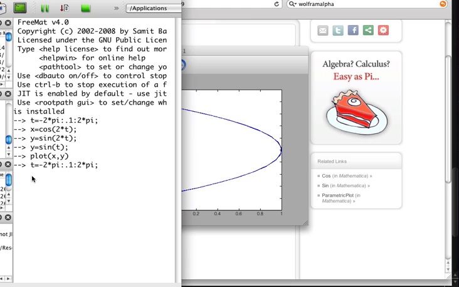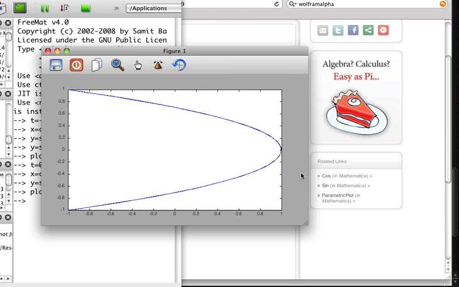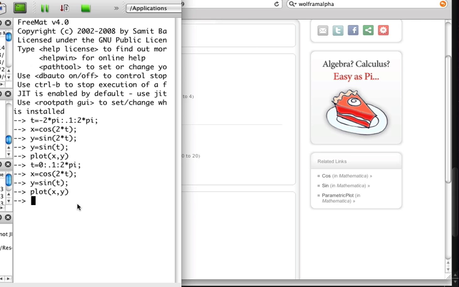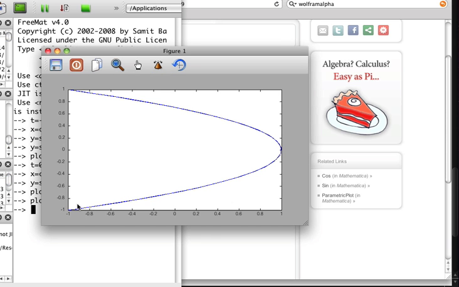We did negative 2 pi to 2 pi. Okay, let's do 0 to 2 pi. Okay, so x equals cosine, y equals 2 sine, and then we plot.